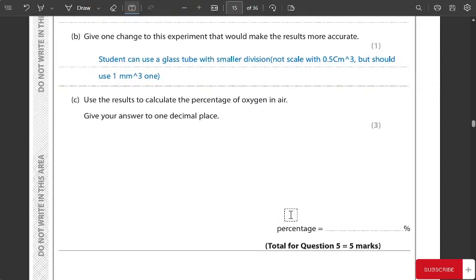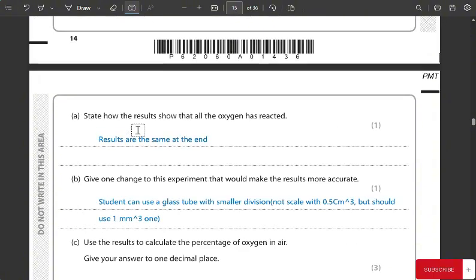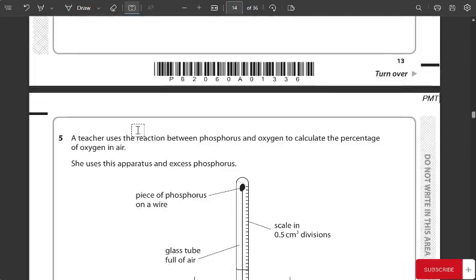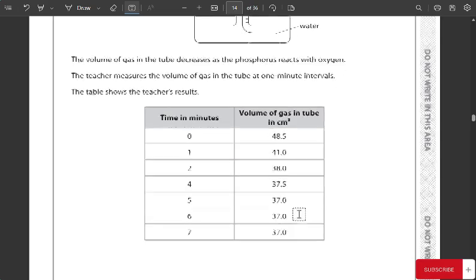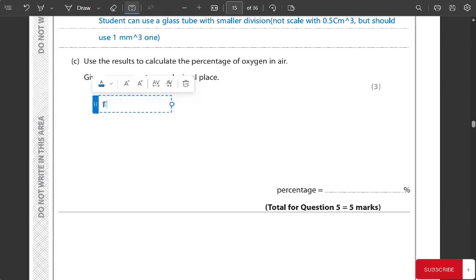Okay. Use the results to calculate the percentage of oxygen in the air. Give your answer to one decimal place. By subtracting 37 from 48.5, we can easily know that the volume of oxygen is equal to 11.5 cm³.